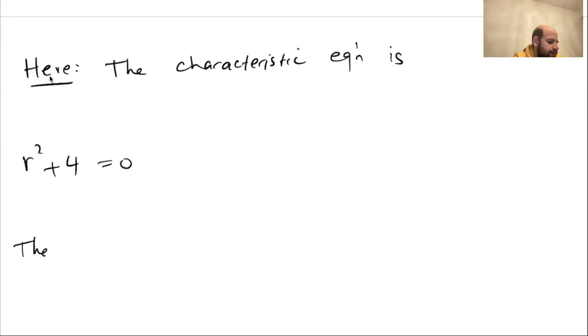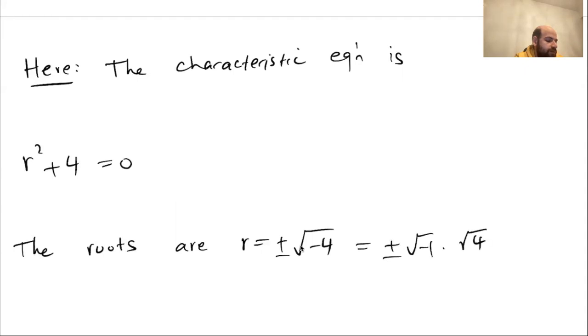Here the roots are r equals plus minus root minus 4, because r squared will be minus 4 and r will be plus minus root minus 4. And this one I can write as plus minus root minus 1 times root 4. Root 4 is 2, so I can write it as plus minus 2i.